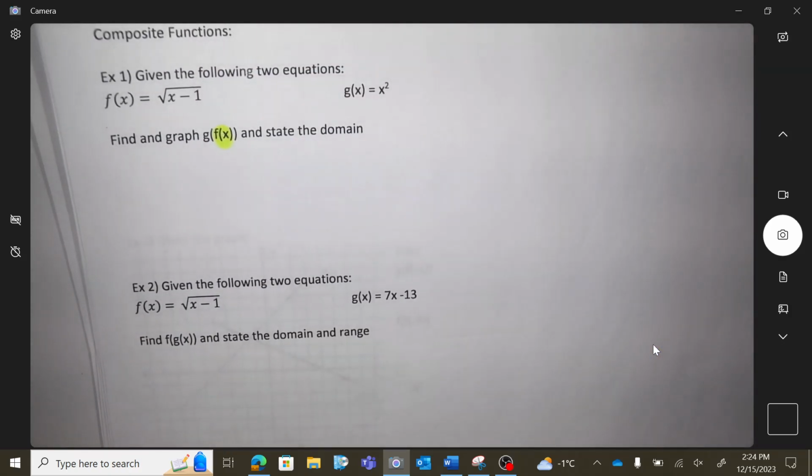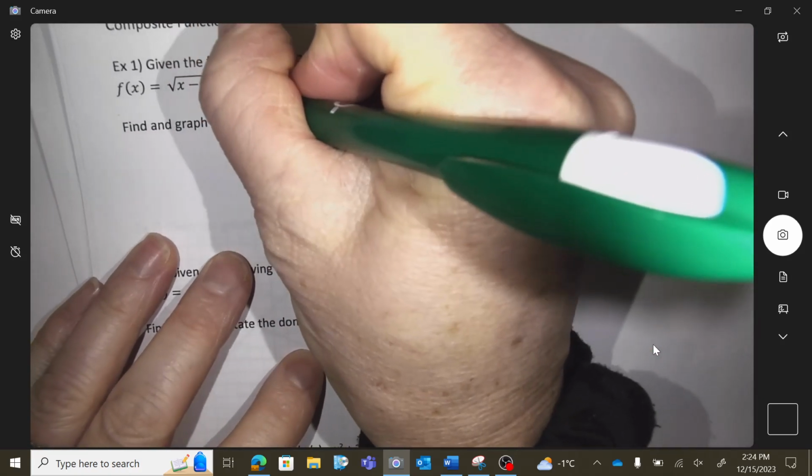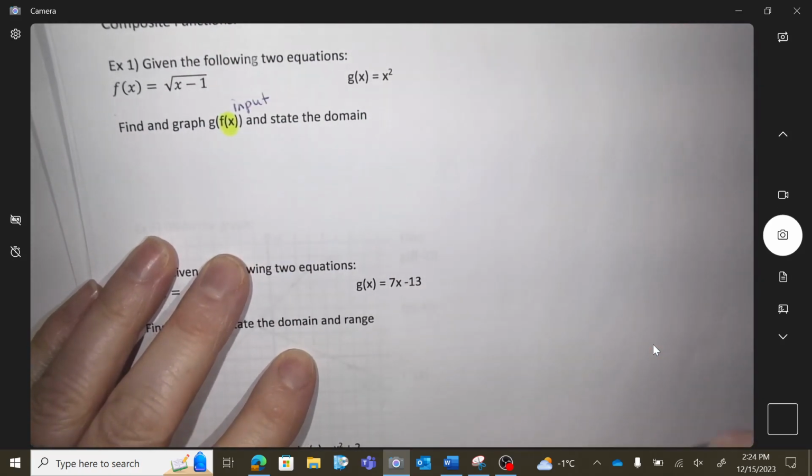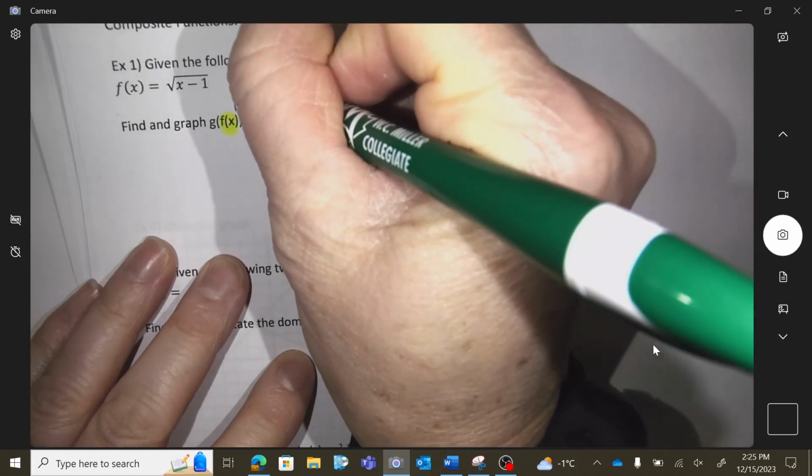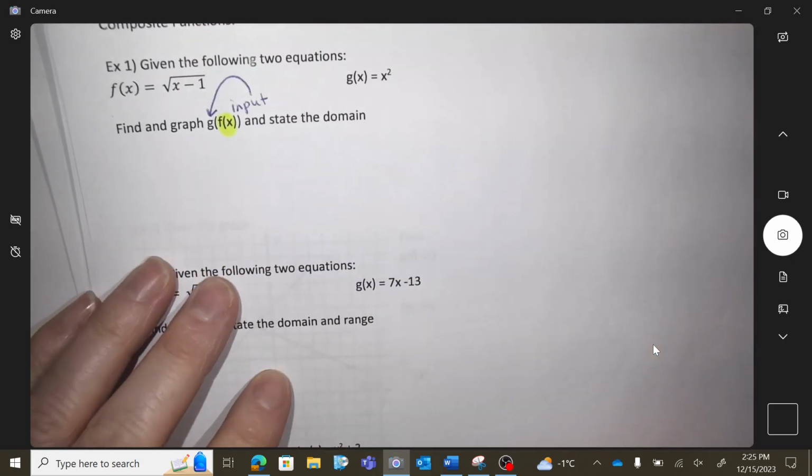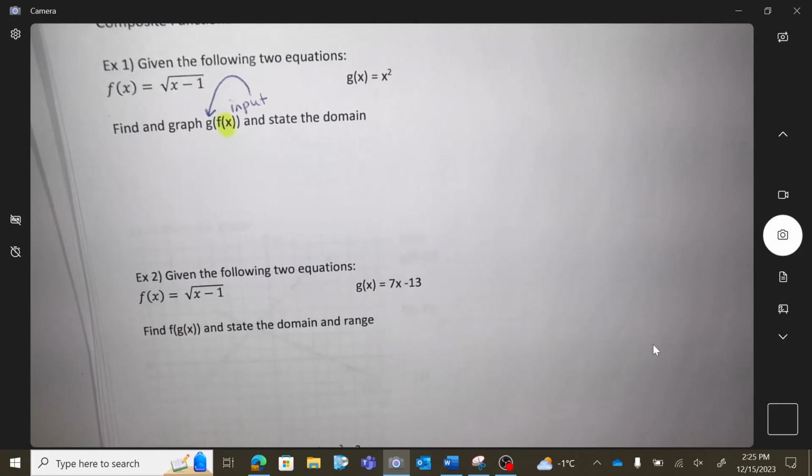This is the input. And what are you going to do with that input? You're going to put that into that. Okay, so what does that look like?